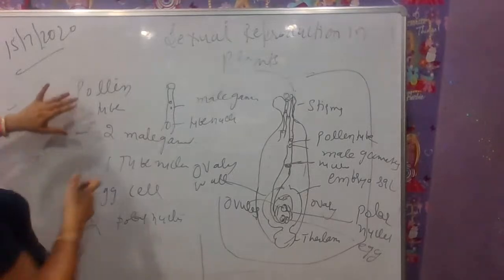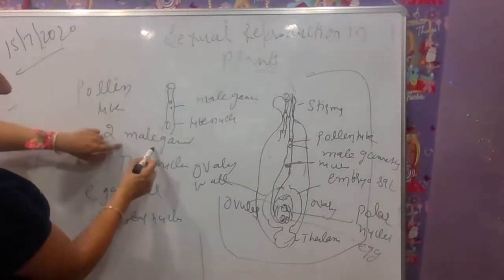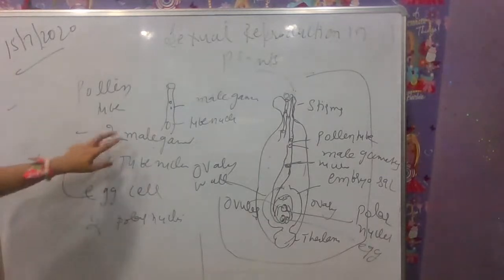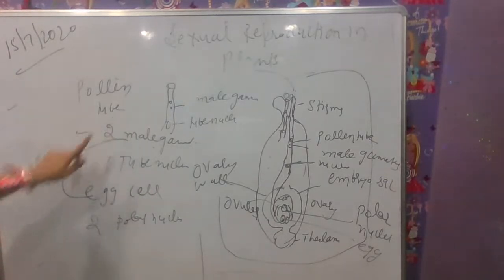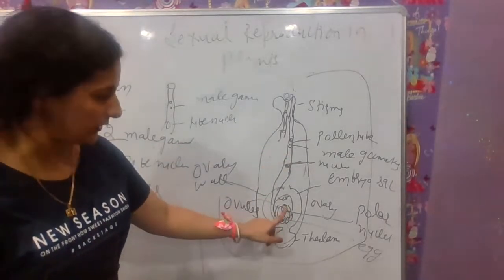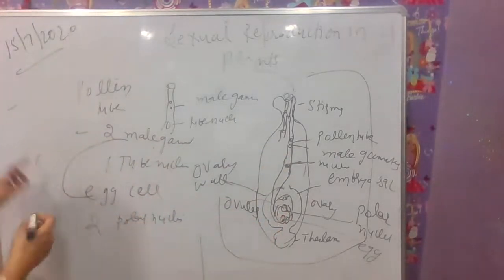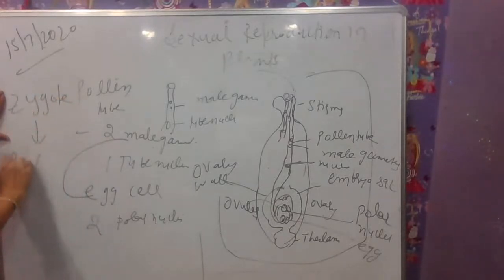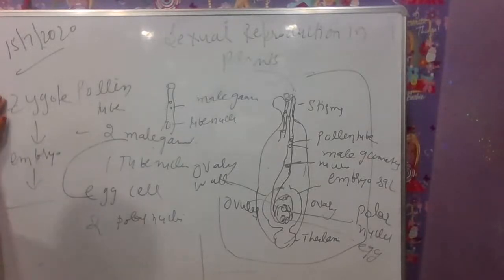Now what happened? From the pollen tube, out of two male gametes, one male gamete fuses with the egg cell. It will form zygote. Then zygote forms embryo. Ultimately, a new plant is developed.